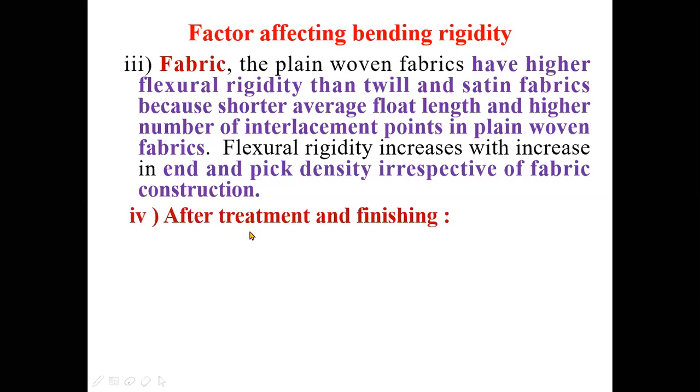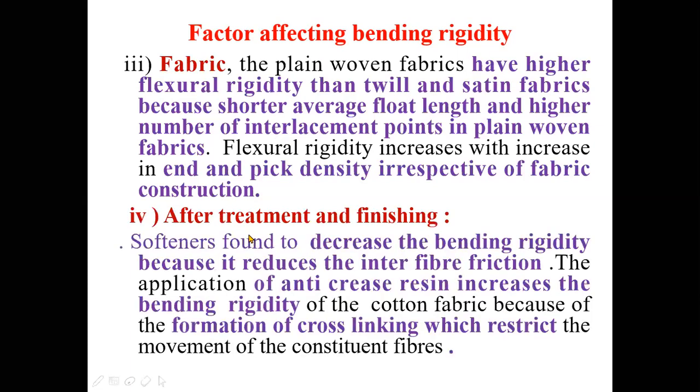Now next is the effect of after treatment and finishing. As usual, I will discuss the effect of anti-crease resin and the effect of softener, because these two are the common ingredients that are used in the finishing of the fabric. Now if you apply softener, then the bending rigidity of the fabric will be reduced drastically. Why?